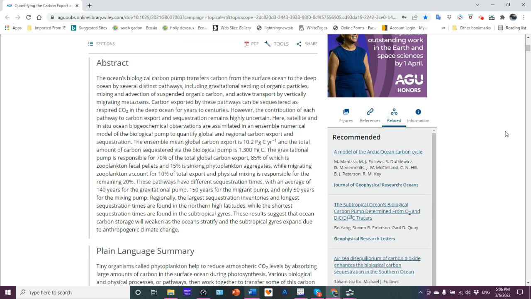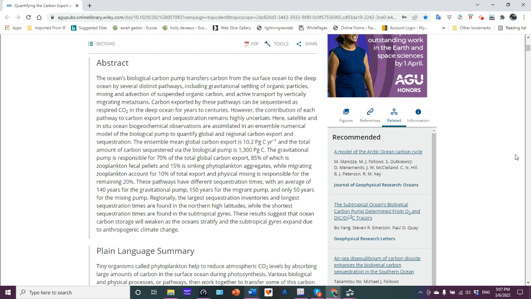However, the contribution of each pathway to carbon export and sequestration remains highly uncertain. Here, satellite and in situ ocean biogeochemical observations are assimilated in an ensemble numerical model of the biological pump to quantify global and regional carbon export and sequestration.